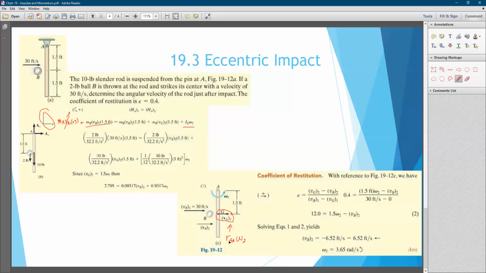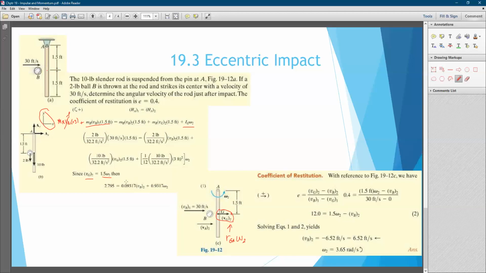RGA is 1.5, so Vg2 is 1.5 omega 2, and not for the ball. The ball will not stick to this rod, so you cannot say that the ball is equal to 1.5 omega 2. Only for the rod in this case, because the ball will bounce back.